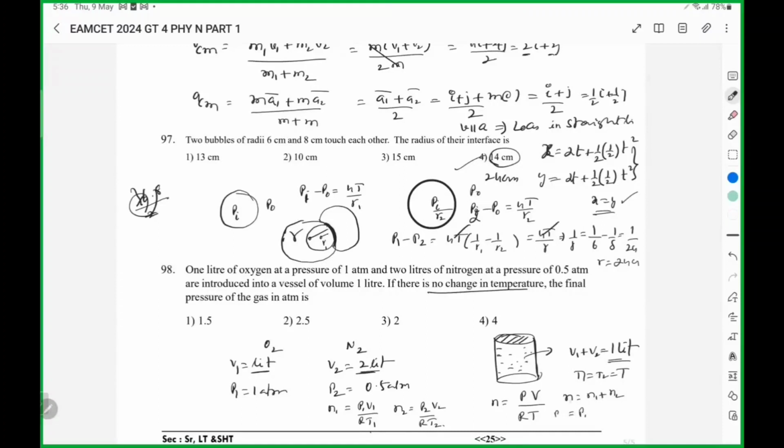P, what he is asking, final pressure, PV equals P1 V1 plus P2 V2. So P times 1 is 1 into 1 plus 2 into 0.5. Total volume, both the gases are adjusted in 1 liter. So final pressure will be 2 atmospheric pressure.